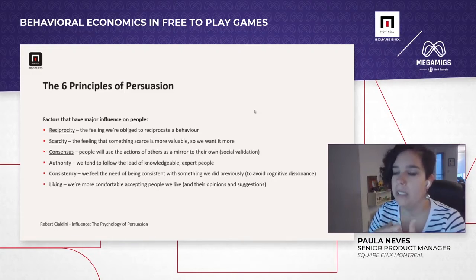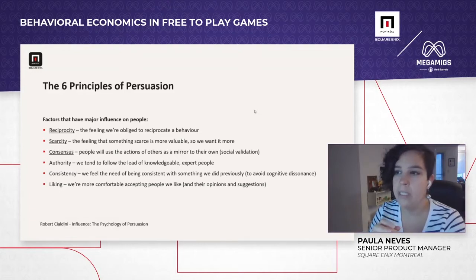So for Robert Cialdini, these are the 6 factors. Reciprocity, so the feeling that we are obliged to reciprocate a behavior. Scarcity, the feeling that something is scarce and more valuable, so we want it more. Consensus, people will use actions of others as a mirror to their own. Again, social validation, we are going to be talking about that.